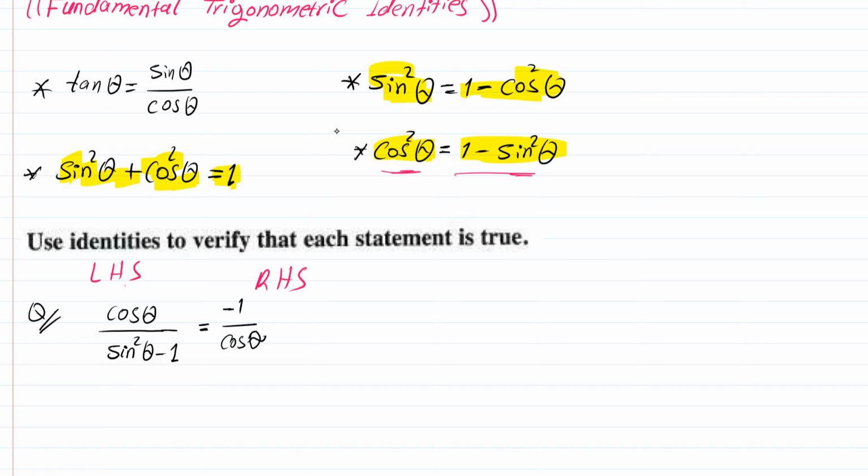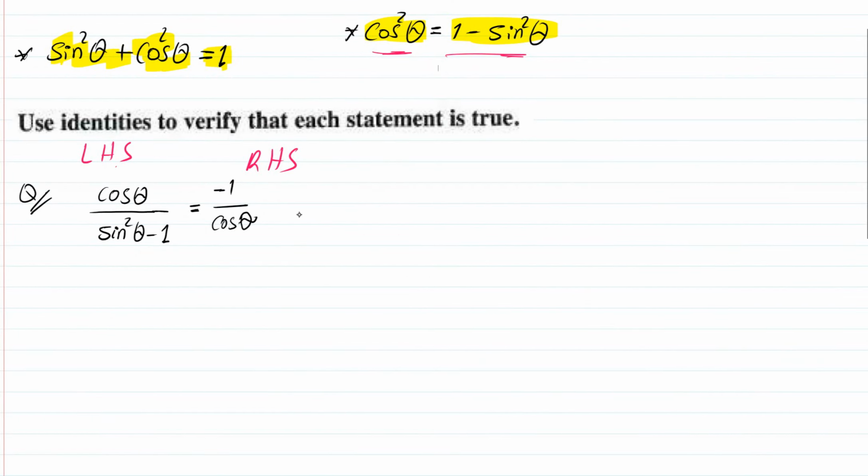So in this case, we cannot directly say it equals cosine square theta because the places of 1 and sine square theta are opposite. If you rewrite sine square of theta minus 1, either you can factorize a negative or rewrite. Let's rewrite in this form.